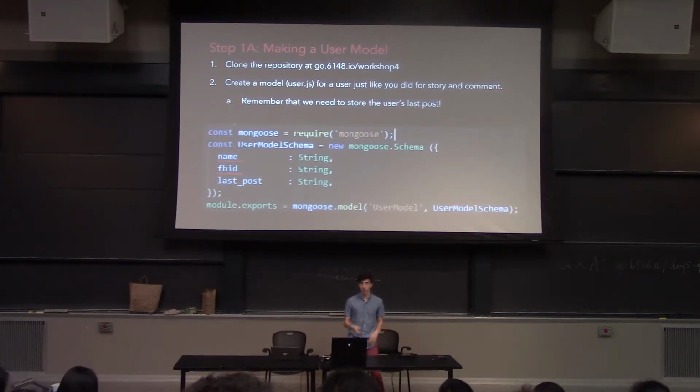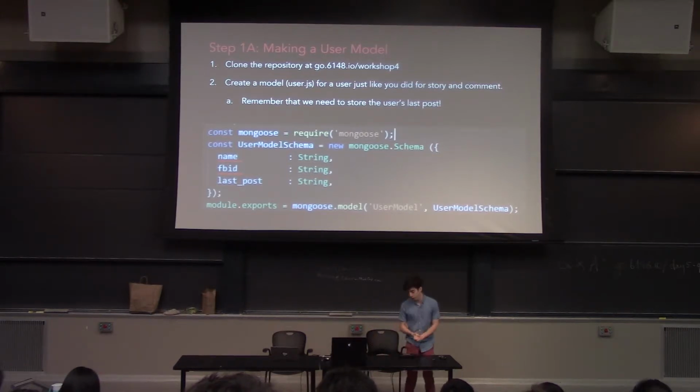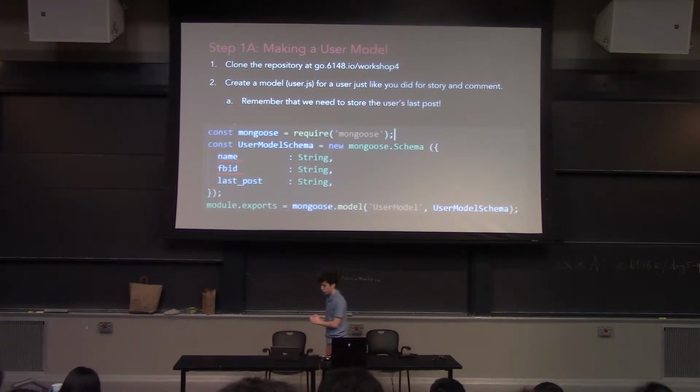So we need some way of tying that Facebook connection to a specific user in our database. Our underscore ID will be unique, and the Facebook ID will also be unique. They're both tied to each other, except one is for our purposes, and the other is for Facebook's purposes. I'll go over exactly why we need it more code-wise later, but just make sure you have this in your model.